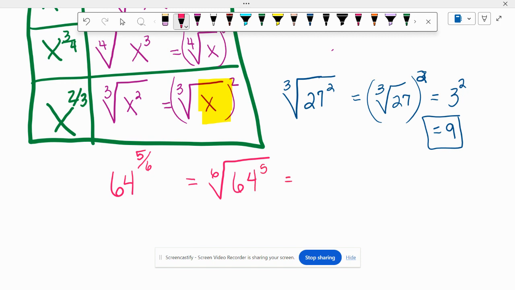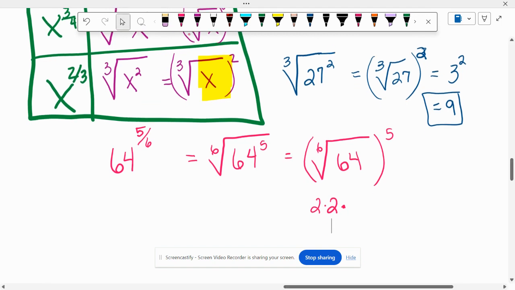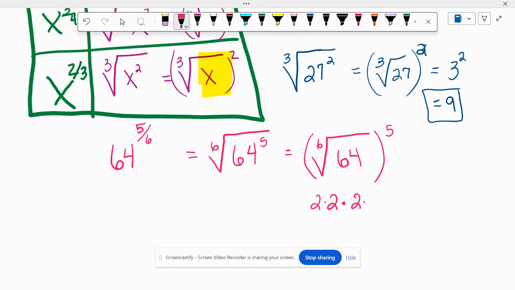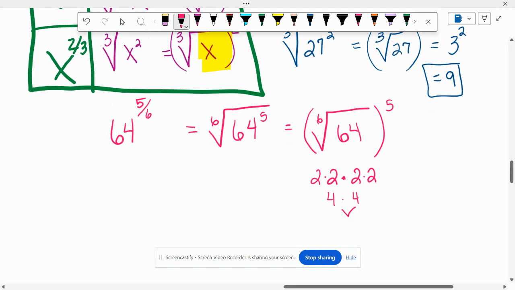Well, I don't have a clue what 64 to the 5th power is. I don't even want to figure that out. So I'm going to think of it as, what is the 6th root of 64? And then I take that number and raise it to the power of 5. Well, I know that 64 is 2 times 2, which is 4, times 2 times 2, which is 4, and 4 times 4 is what? 16.